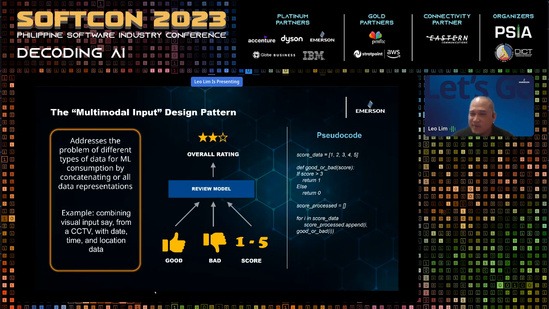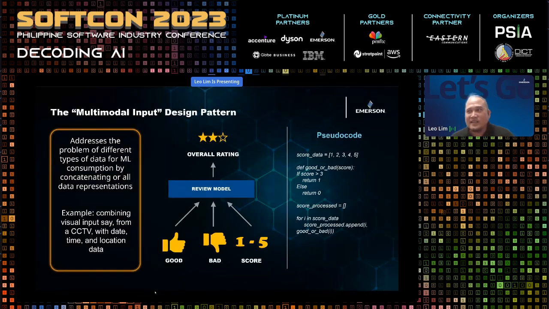And then you basically append the rating with the good or bad data, which is really the 1 or 0. So this is a very simple example that translates, say, the good and bad into a boolean. It can actually be text.